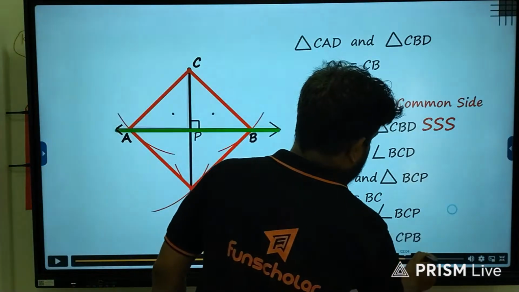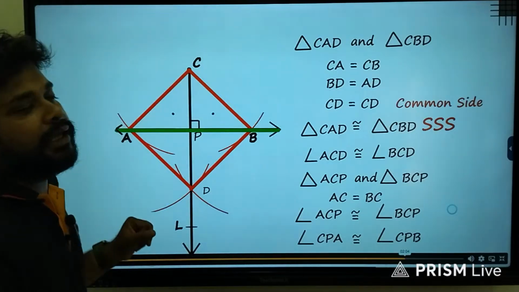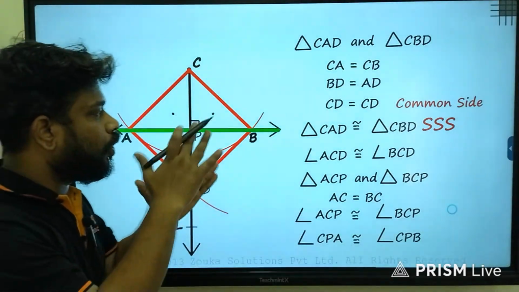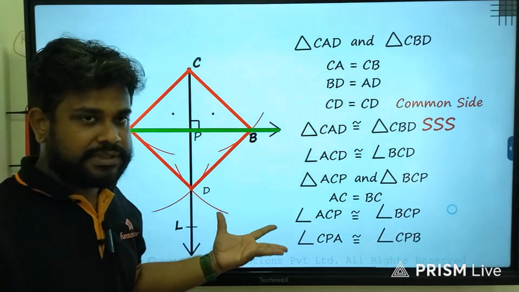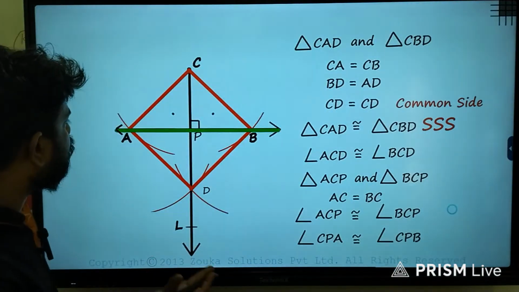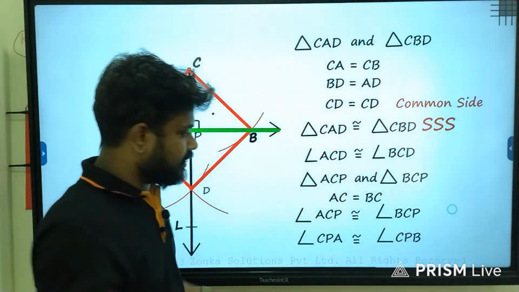So that's why we can say that these four triangles which we are getting here are congruent to each other. Yes, this is not included in your syllabus, but you will have to learn this for further classes.